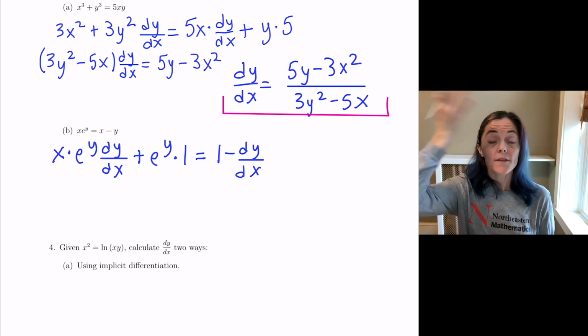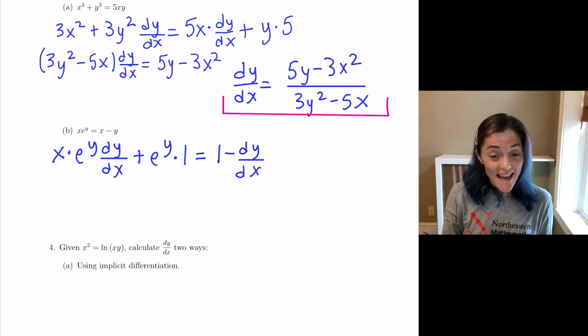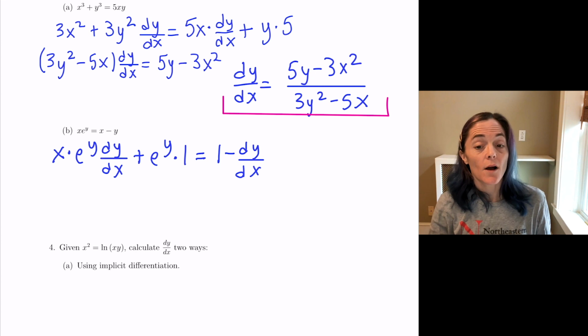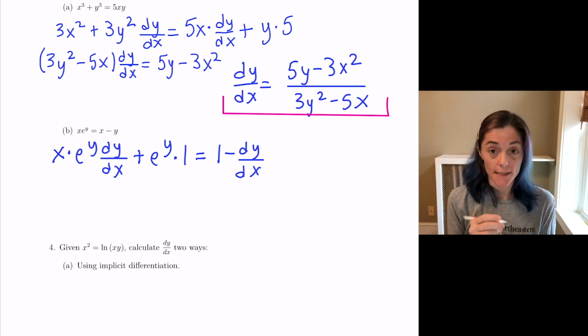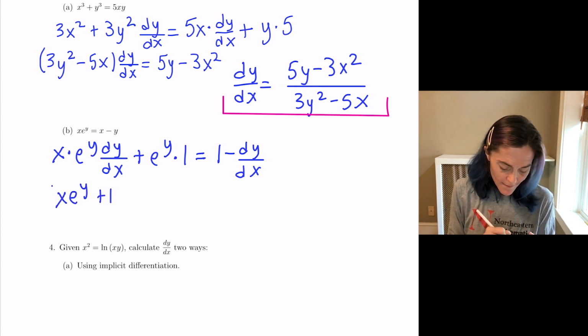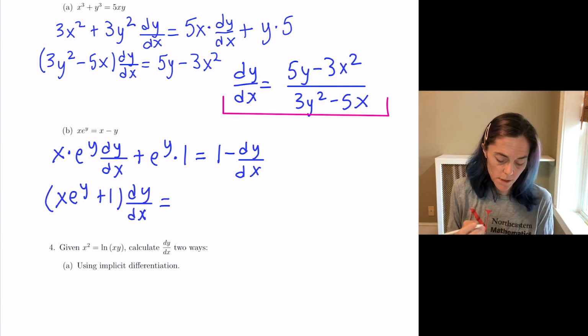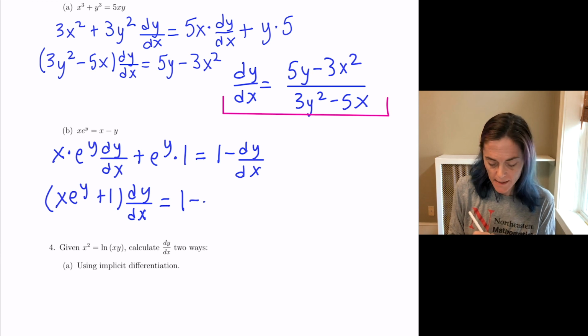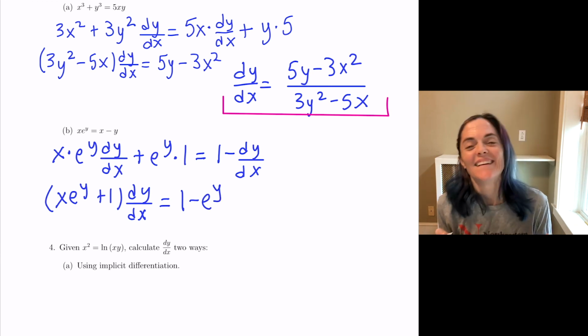So I bring all the terms with dy/dx to one side of the equation and all the terms without dy/dx to the other. Here, I get x e to the y plus 1 times dy/dx equals 1 minus e to the y.